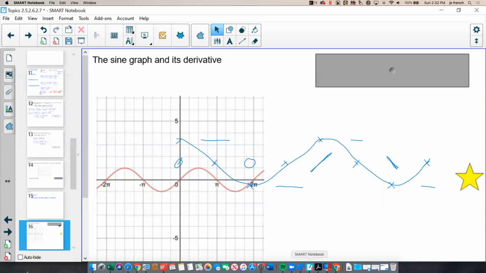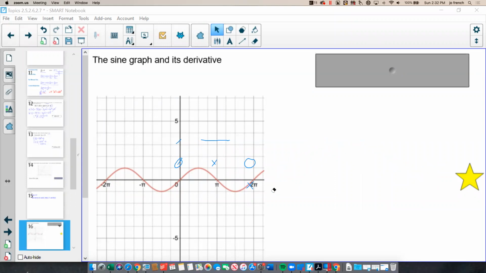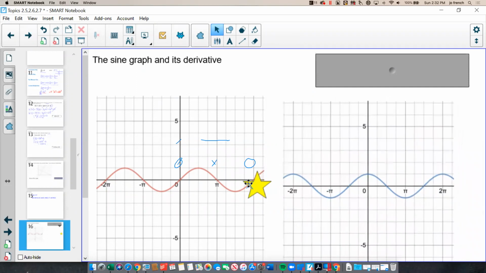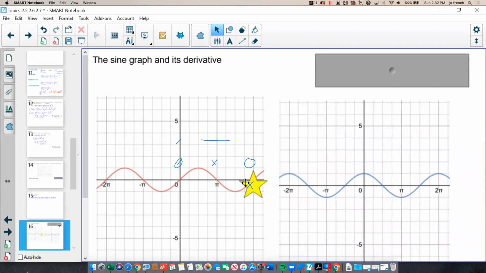In fact, let me remove the annotations I've made here. And you can see that our derivative graph is exactly what I hope you expected it to be. The derivative of sine is cosine.